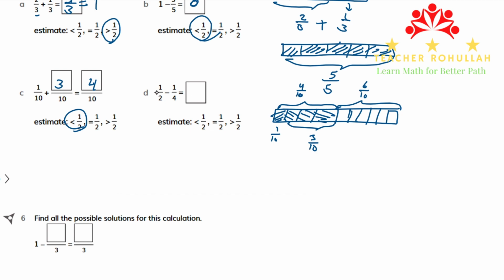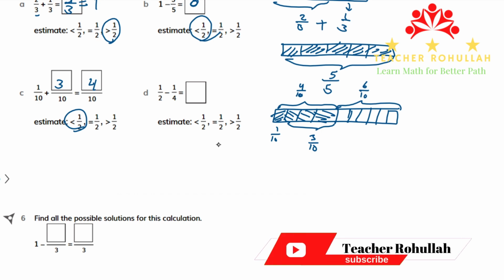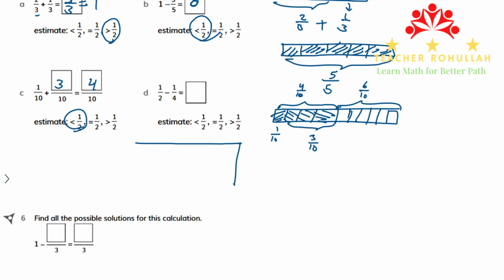So in part D, we have 1/2 minus 1/4 equals a number. Because the diagram does not work well here, I will use a fraction strip. In a fraction strip, this is showing one whole of something.